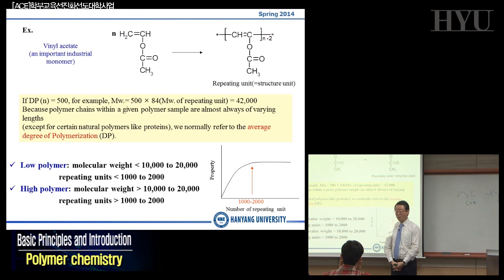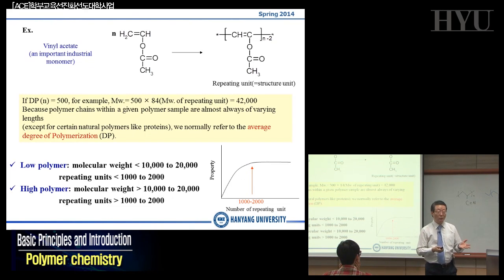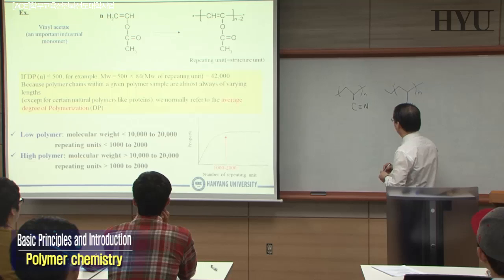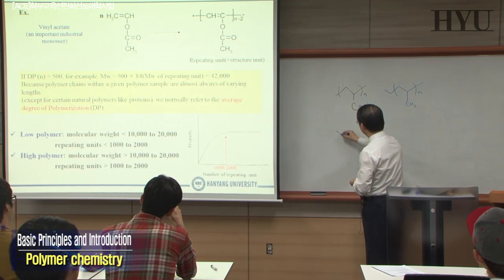(Korean: the glue you use on the back when putting up wallpaper.) There is a white wallpaper glue, which is made of polyvinyl acetate. The chemical structure is about the same. It looks like this, and if I write it here, it looks like this.